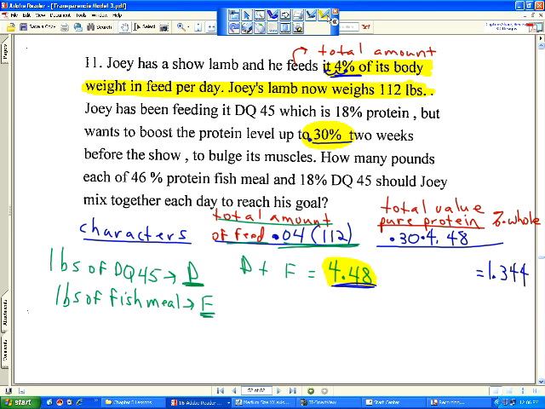So 1.344 pounds out of that total 4.48 pounds is pure protein. The rest is carbohydrates and fat and starch and vitamin E and vitamin D and all that other stuff. Okay? How do we come up with our pure protein? You understand this whole equation's about pure protein?